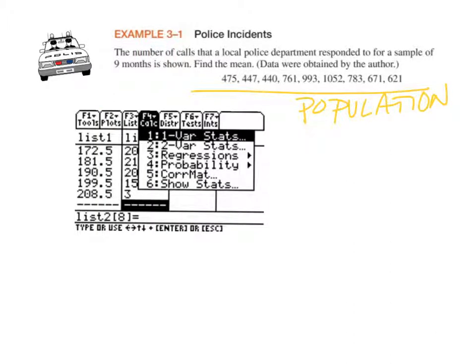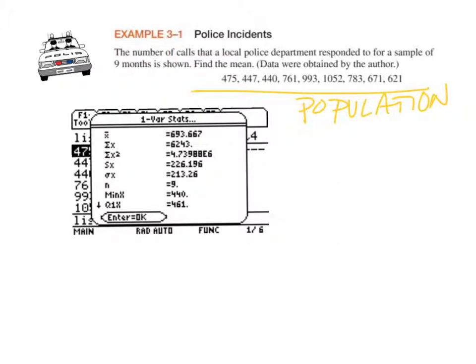And then you're going to choose F4, one variable statistics. When you hit enter, you will see a screen like this pop up, and you will see that right here, this sigma x, is our population standard deviation.